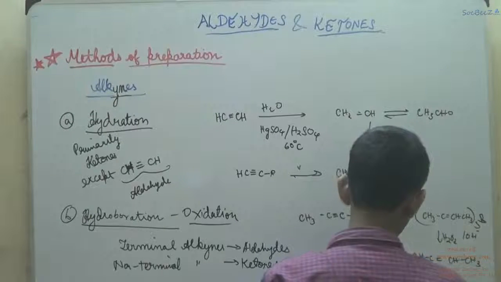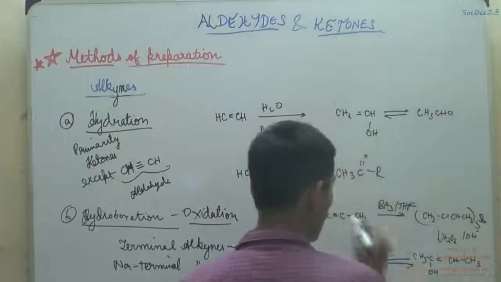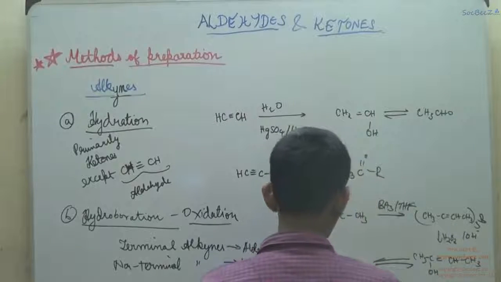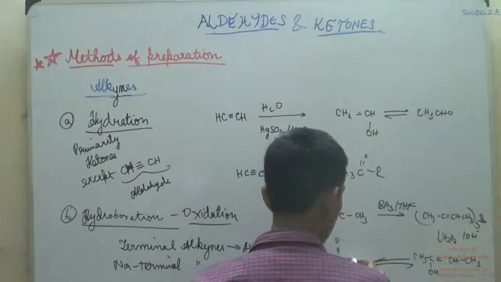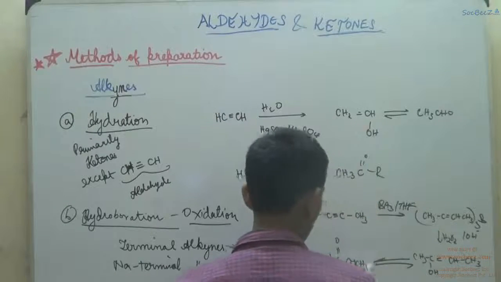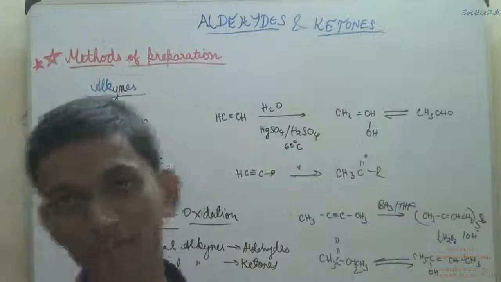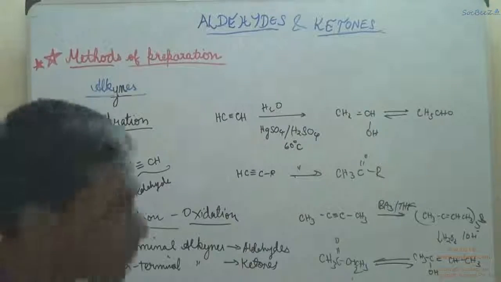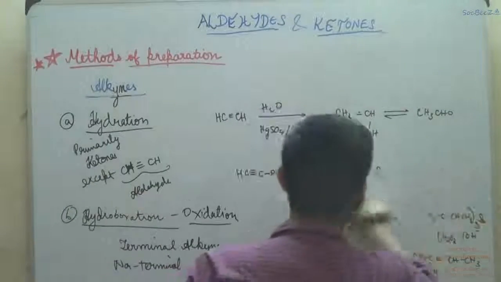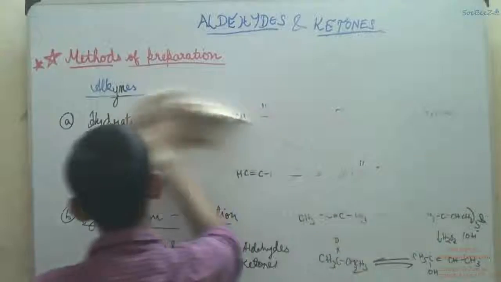This will exist in equilibrium with the tautomeric form, which is the keto form, which is more stable than the enol form in keto-enol tautomerism. So that was some alkenes, alkynes and alcohols.